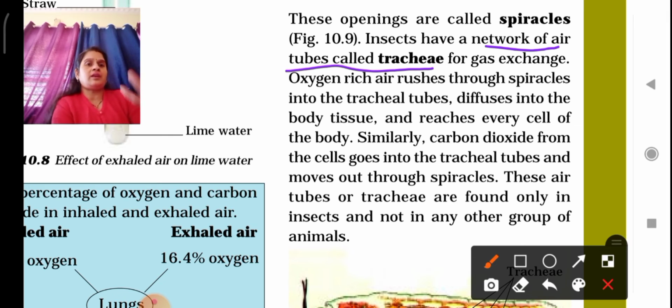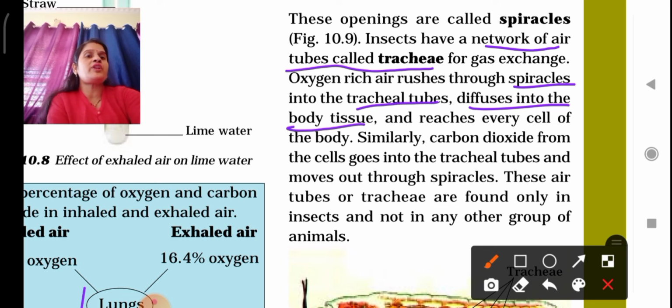Oxygen-rich air, which contains 21% oxygen, rushes into the spiracles. Like we have nostrils, holes in our nose through which we take in air, in the same way cockroaches take in air through the spiracles into the tracheal tube, like we have a windpipe.